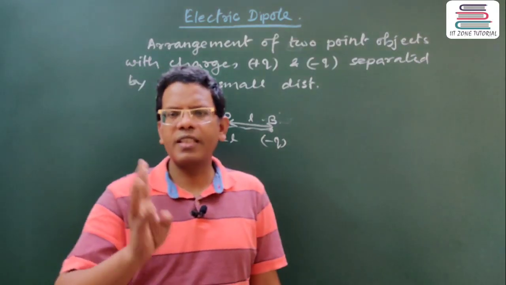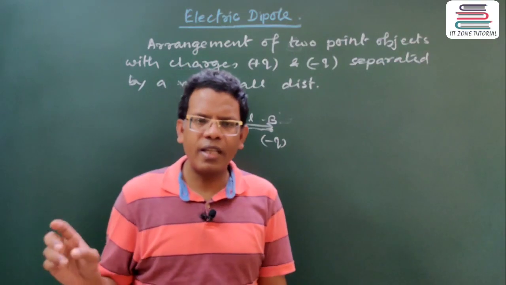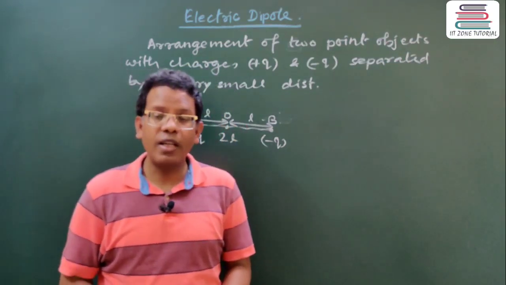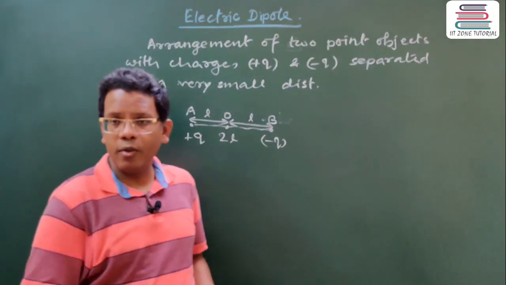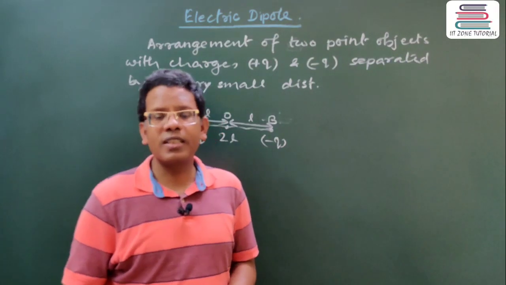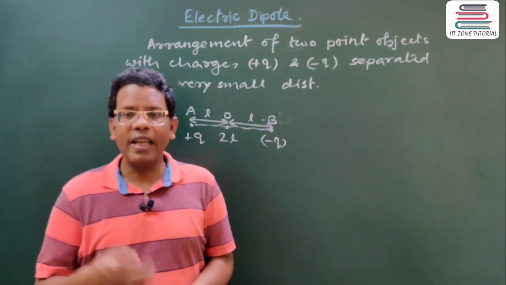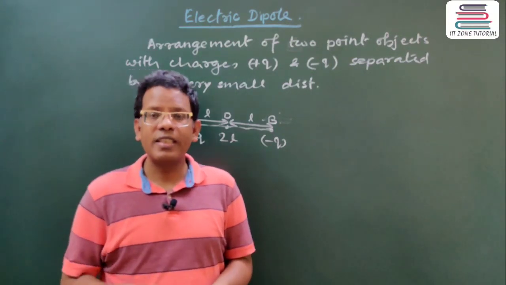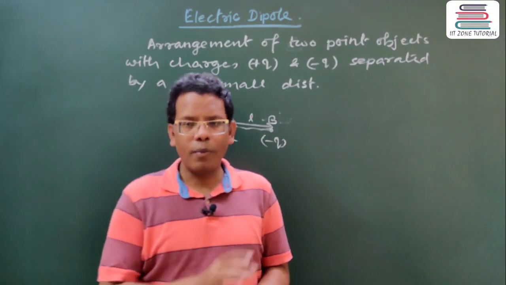Usually we discuss it at three different points. One point is on the axis of the dipole, another point is on the perpendicular bisector of the dipole, and we also discuss the potential and the electric field at any general point which is neither on the axis nor on the perpendicular bisector.